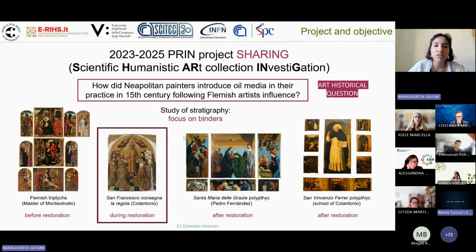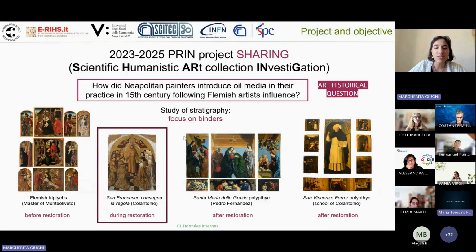The broader focus of stratigraphies during the transitional period was delved with a multi-analytical campaign on a selected corpus of paintings from the 15th and 16th centuries, ranging from Flemish triptychs to Neapolitan altarpieces or polyptychs, and on a polyptych by the Spanish painter Pedro Fernandez, who was revolving around both artistic circles.